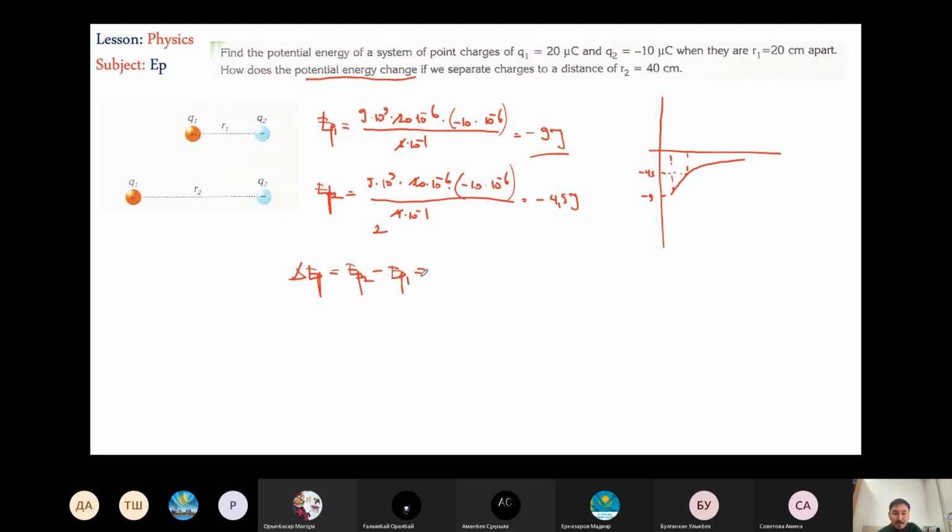So what I have is minus 4.5 joules, and let me drop the unit, I don't need it. Minus 4.5. And of course, I'll have here minus, and in brackets I have minus 9. So that will convert to plus. So I'll have 4.5 joules.